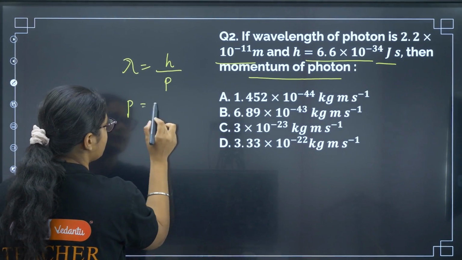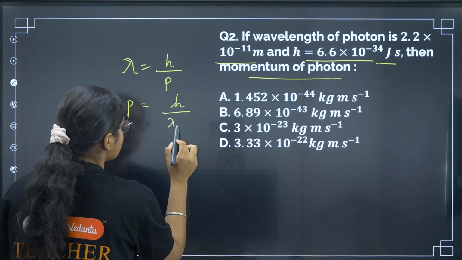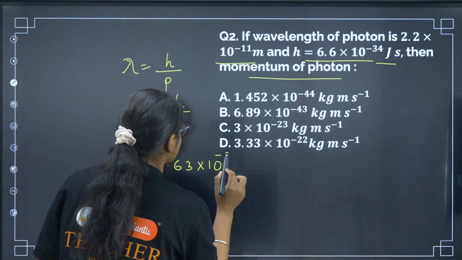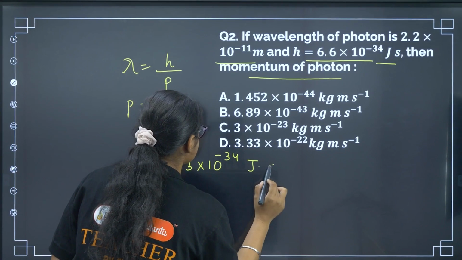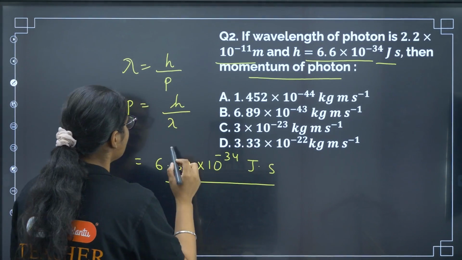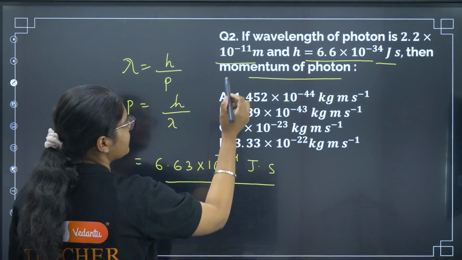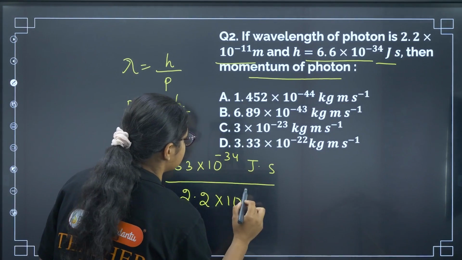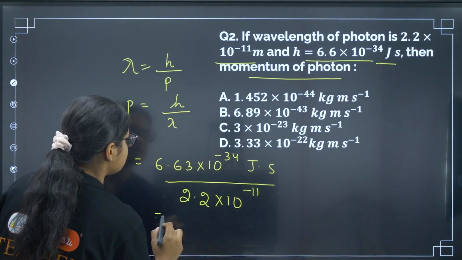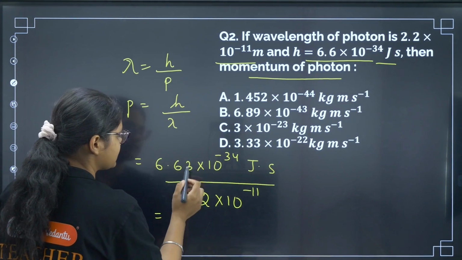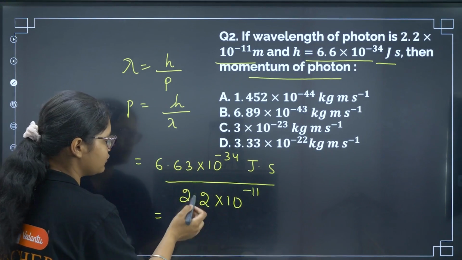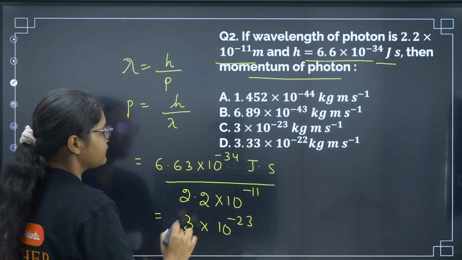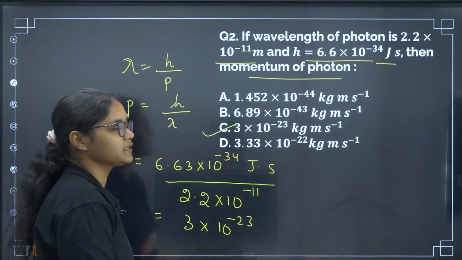We need to calculate momentum, so that is equal to h by lambda. h is equal to 6.63 into 10 to the power of minus 34 joule second divided by lambda, which is given to you as 2.2 into 10 to the power of minus 11, right? So just for easy calculation, you can take it as 6.6 and this one as 2.2, so we'll get 3 into 10 to the power of minus 23. Okay, so the correct answer for this question will be option number C.